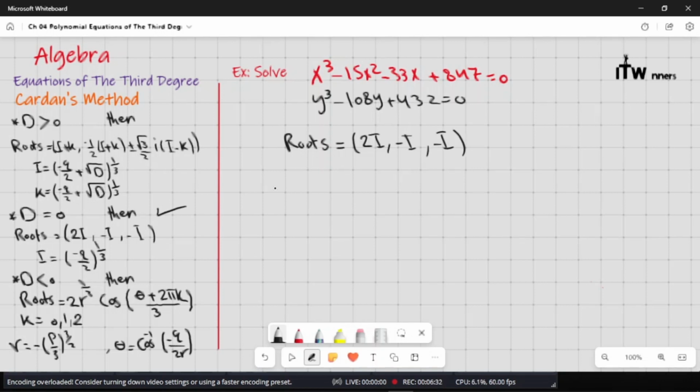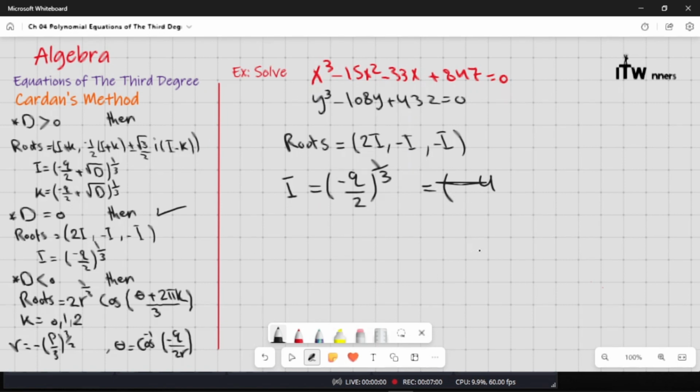Okay, just we will write I equal to the cube root of negative q by 2. So we have here I equal to the cube root of negative 432 by 2.